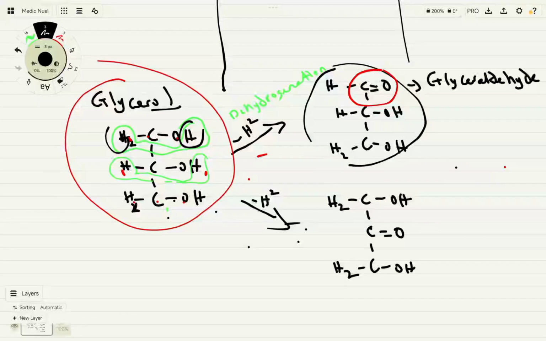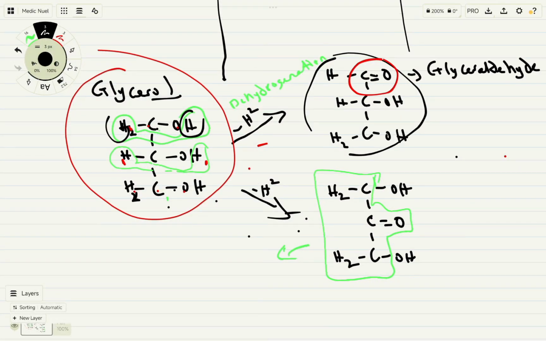So if we are to name this, now look at something. Now if I'm to name this structure separately, remove the OH totally, it's going to look like this.